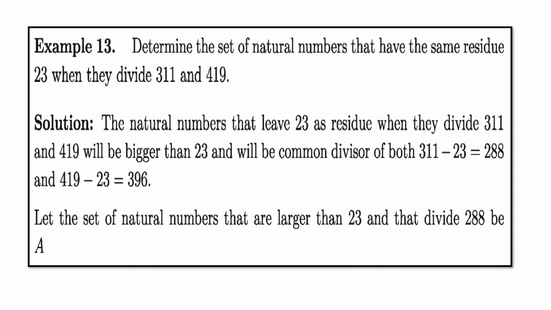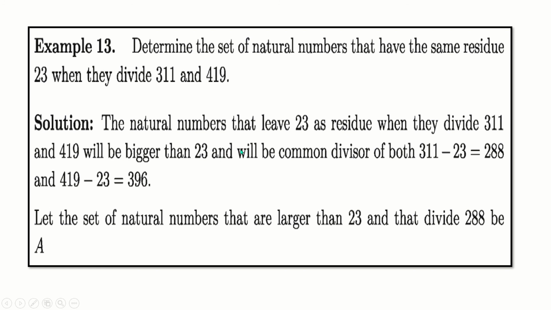So the numbers will be greater than 23. The number will be a factor of 311 minus 23, that means 288, and 419 minus 23, which equals 396, and it will be greater than 23.